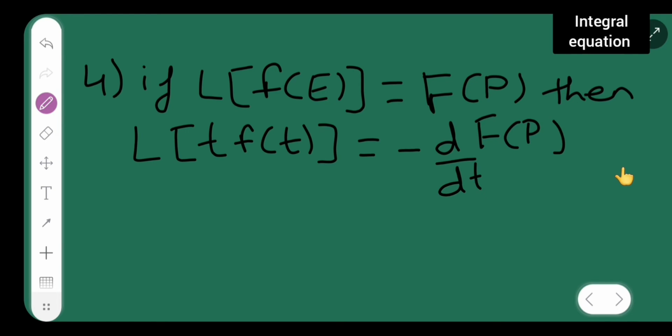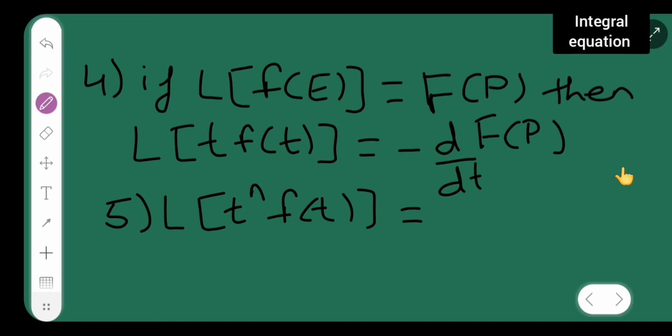Now let me give you the fifth property. Laplace of t raised to power n into f of t is equal to minus 1 raised to power n, d n upon dp raised to power n into F of p, right?